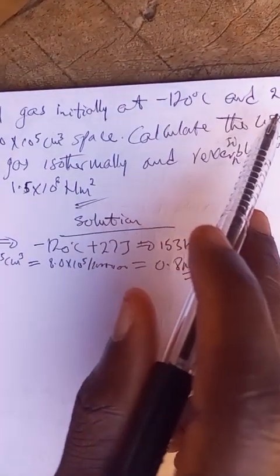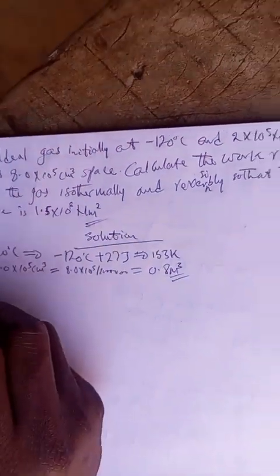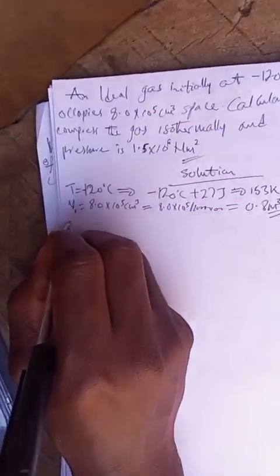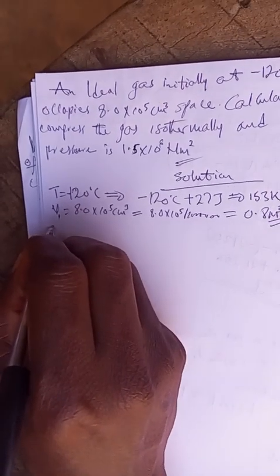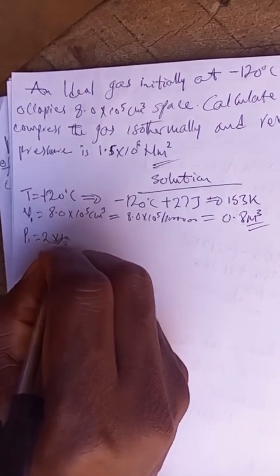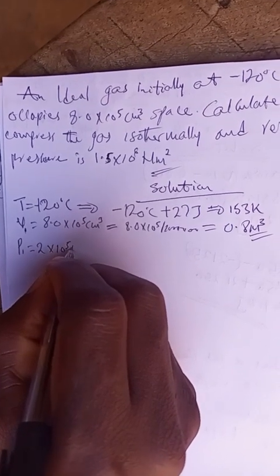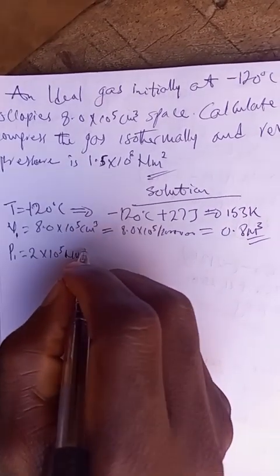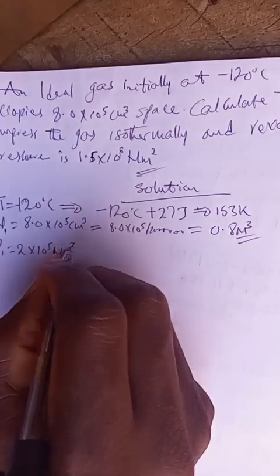Now, let's look at the next one, which is pressure. We are given the initial pressure, P1, is equal to 2 × 10^5 N/m².